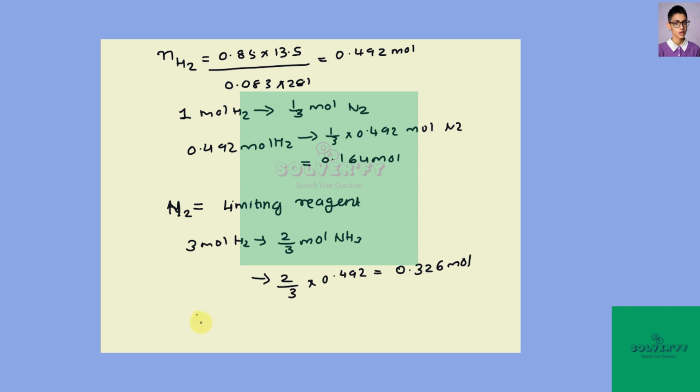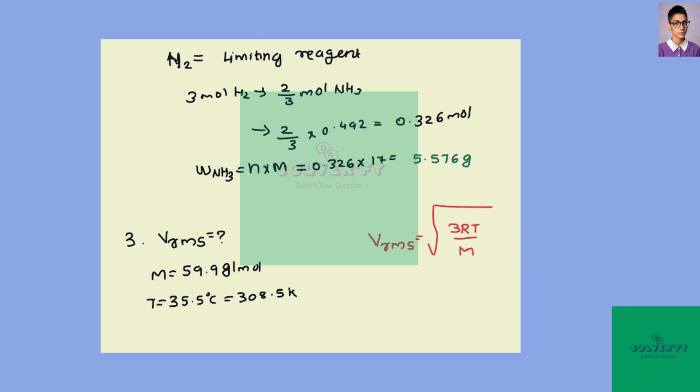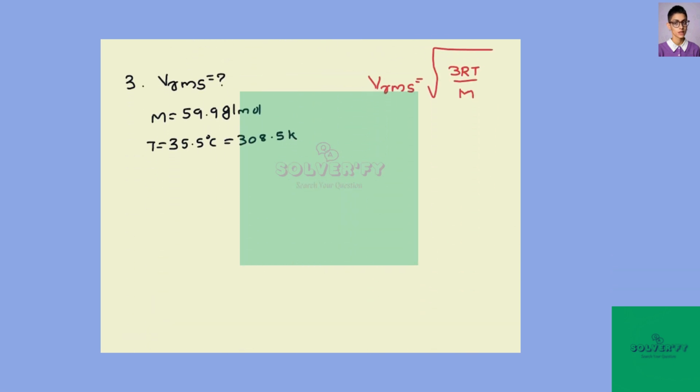As we have to find the weight of the ammonia produced, it will be equal to the number of moles into its molar mass. The number of moles is 0.326 into the molar mass 17 gram per mole. As a result, we get the weight of ammonia produced as 5.576 gram.